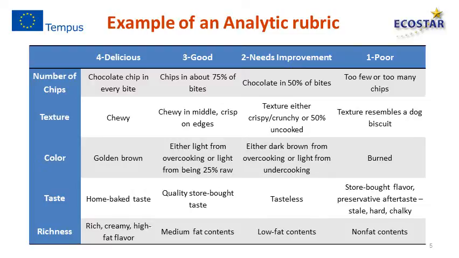Can something have non-fat contents and have a home-baked taste? Maybe yes, maybe no. But when you're thinking about the dimensions, try and see if you can define each one separately, or if there's some kind of dependency between them.